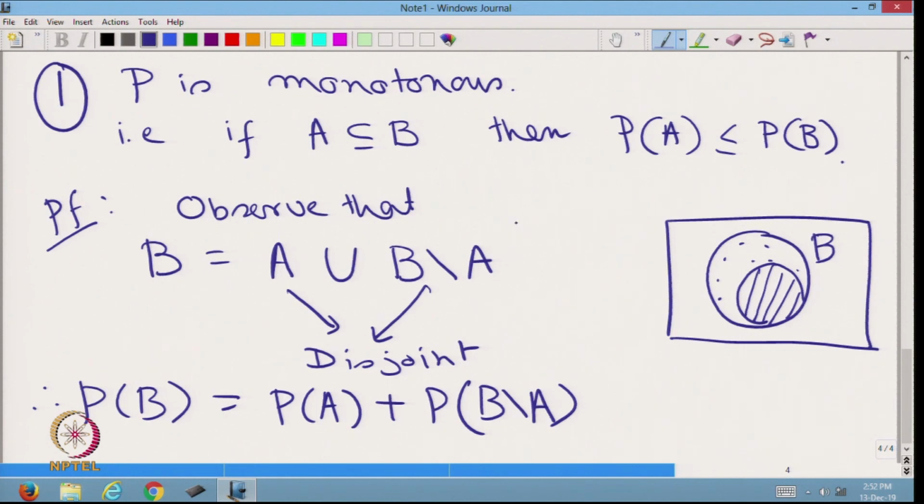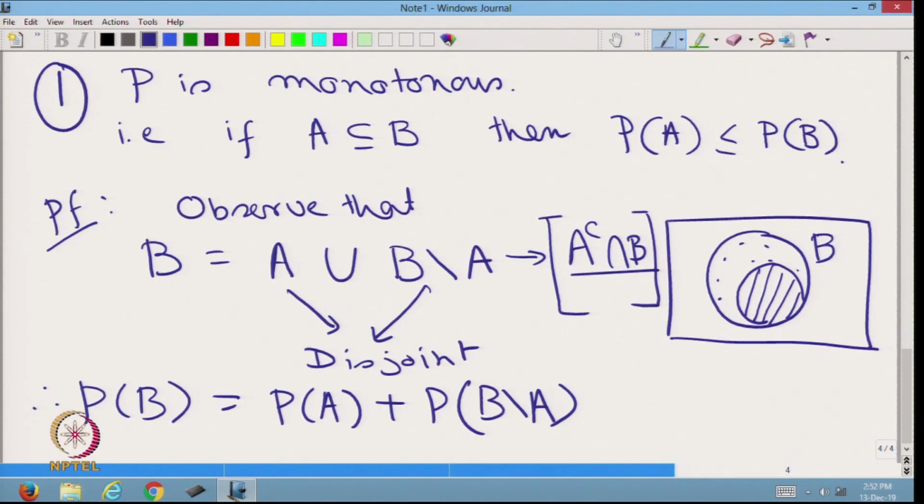Now, B minus A one can also write as A complement intersection B. You may find this notation in some other books, but basically these are same.